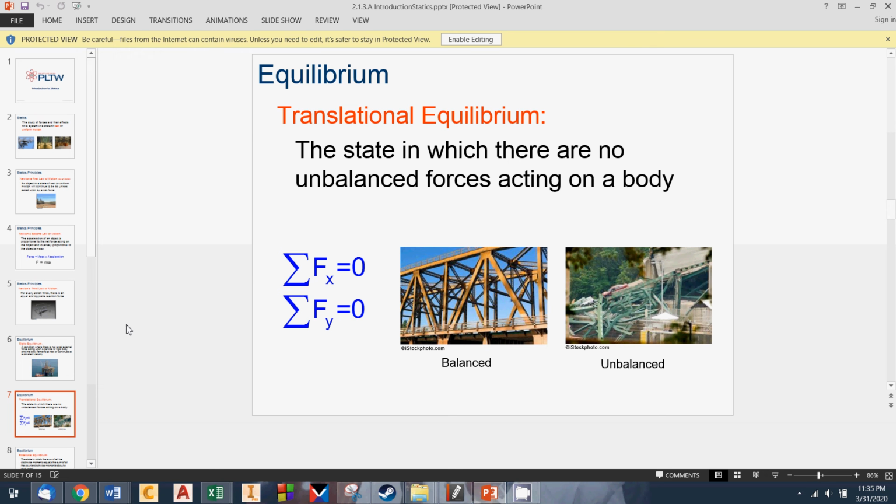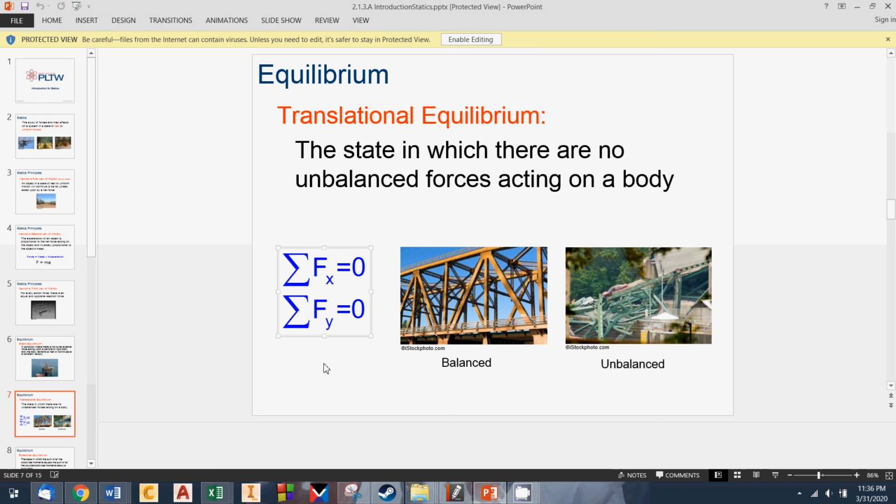So we're going to take all of our forces and break them down into X and Y components, and then add all the X forces together and add all the Y forces together. And if all of our X forces equal zero and all of our Y forces equal zero, that means it's a static object. And everything we're going to be looking at is a static object. So these two laws are the first two laws of statics. Put these in your notes, underline them.